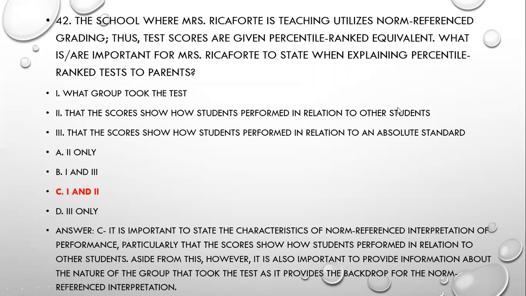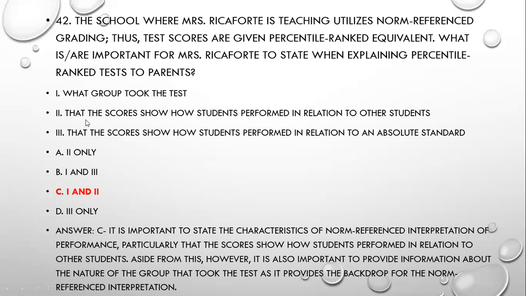Number 42. The school where Mrs. Ricafort is teaching utilizes norm-referenced grading. Thus, test scores are given percentile rank equivalents. What is or are important for Mrs. Ricafort to state when explaining the percentile rank test to parents?